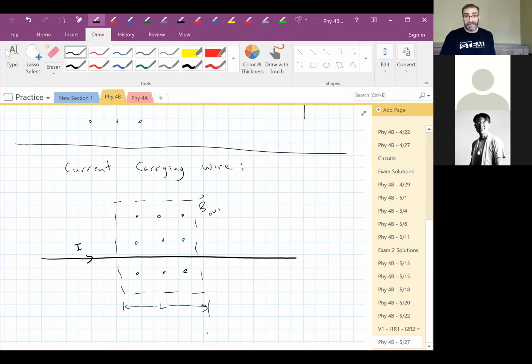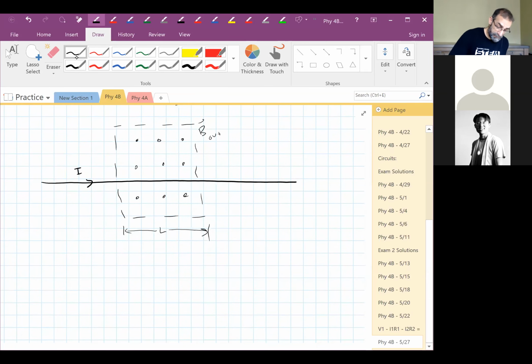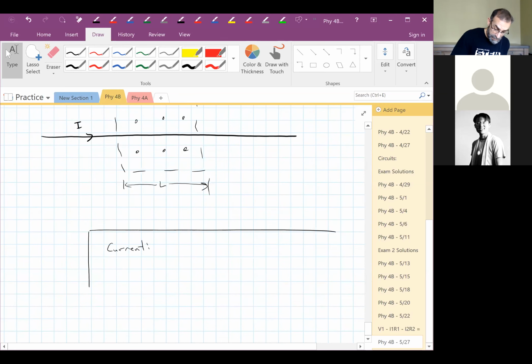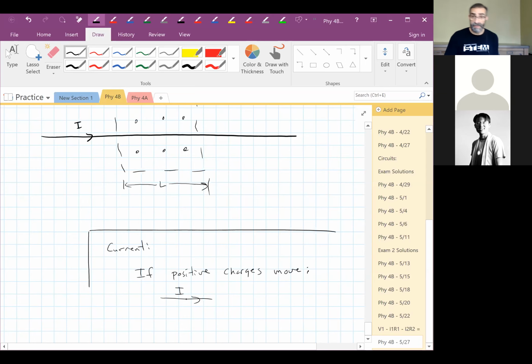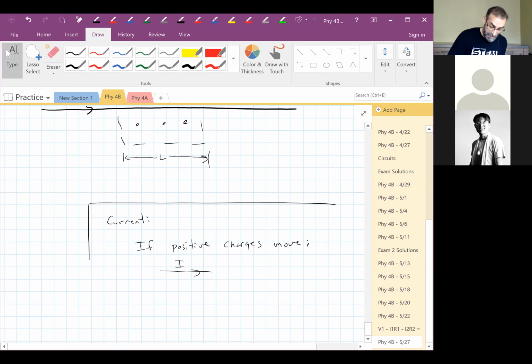So let's think about this for a second. Current means positive charges move. When we see this symbol, it means we have positive charges moving in this direction, right?